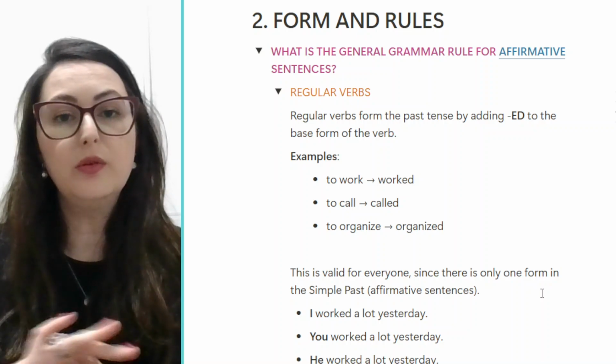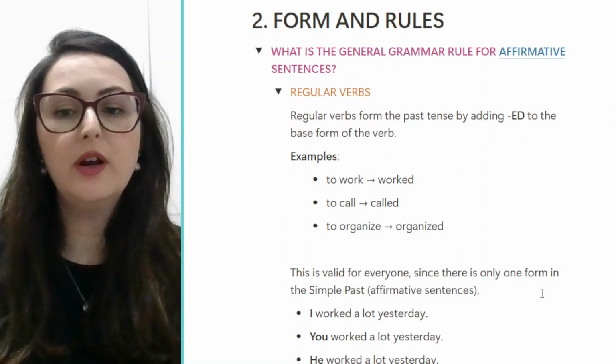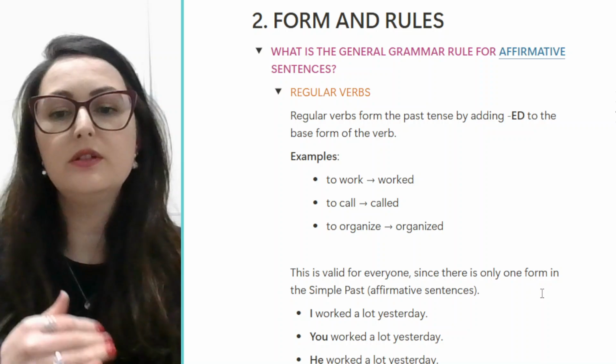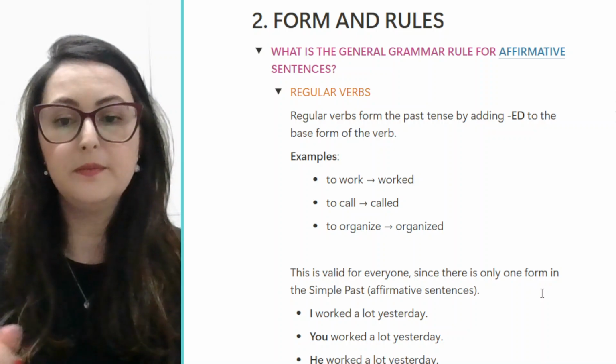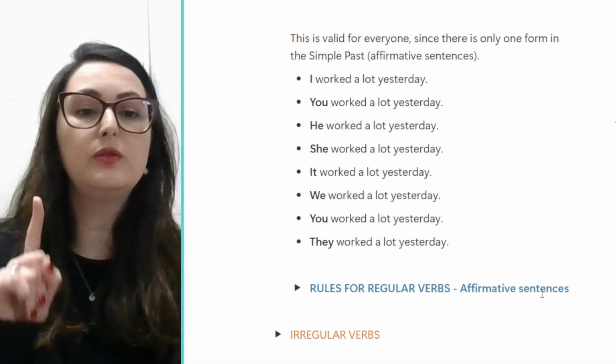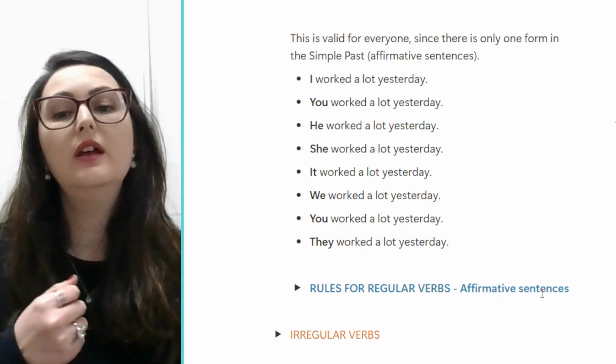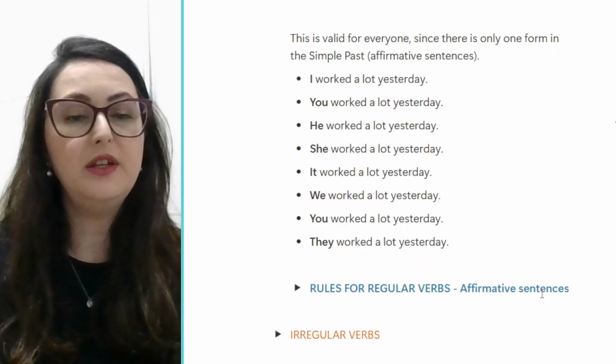And this is true for most verbs. Okay. So examples: to work, worked; to call, called; to organize, organized.